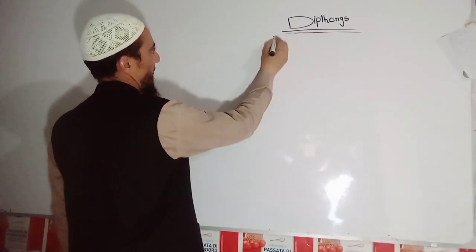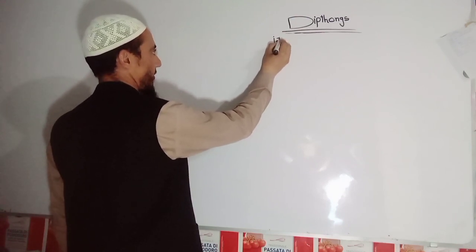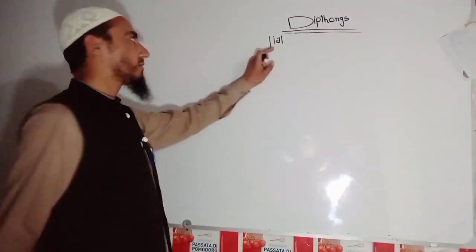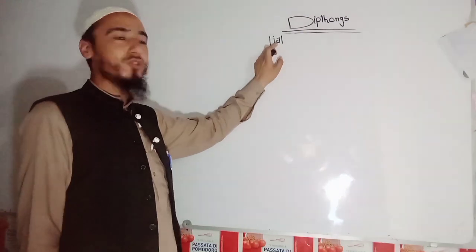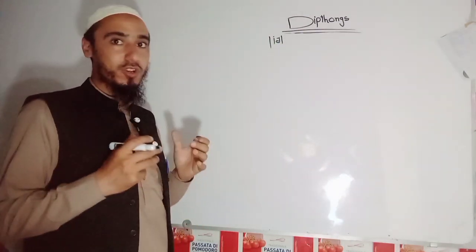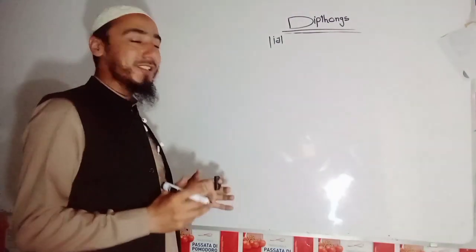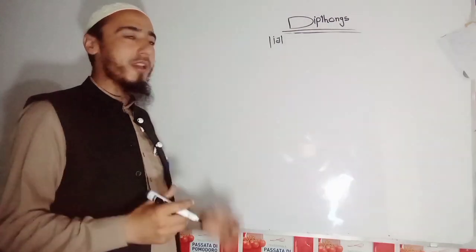First of all, I'm writing this symbol, and another symbol, that is the schwa sound. So the first is the A sound and the next is the schwa sound. With the combination of these, a diphthong is produced, that is the air sound.